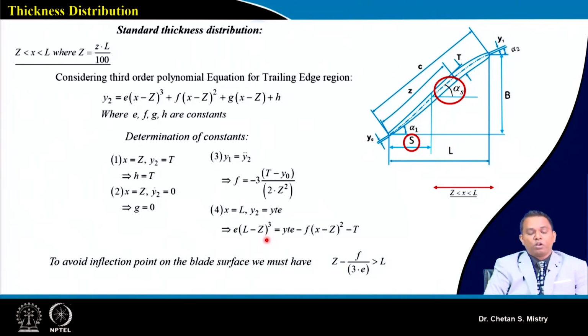Now, in order to avoid the inflection point on the blade surface, we need to take care of this number: z minus f divided by 3e needs to be larger. We can understand this when we are selecting multiple circular arcs. For those multiple circular arcs, we have the inflection point and inflection angle, and when we are doing our distribution of the thickness for the suction surface as well as the pressure surface, it should give a smooth curve, and that needs to be managed.